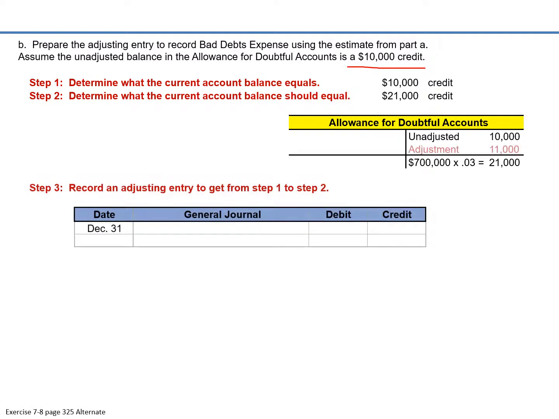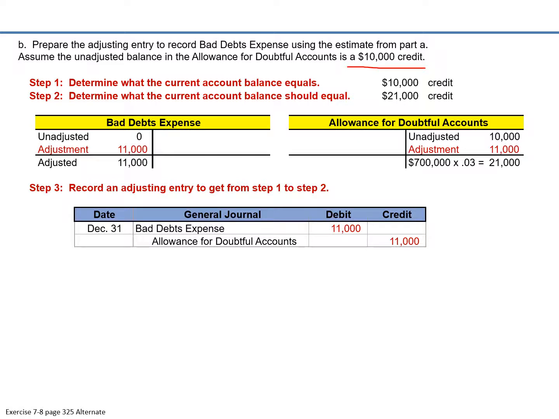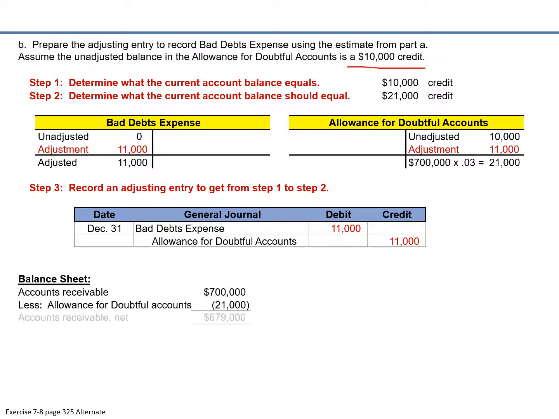That's right, $11,000 credit adjustment to your allowance for doubtful accounts. So credit allowance for doubtful accounts for 11,000, debit bad debt expense for 11,000. There's your receivable side, 700,000 less your 21,000 allowance. And there's your income statement side. Okay?